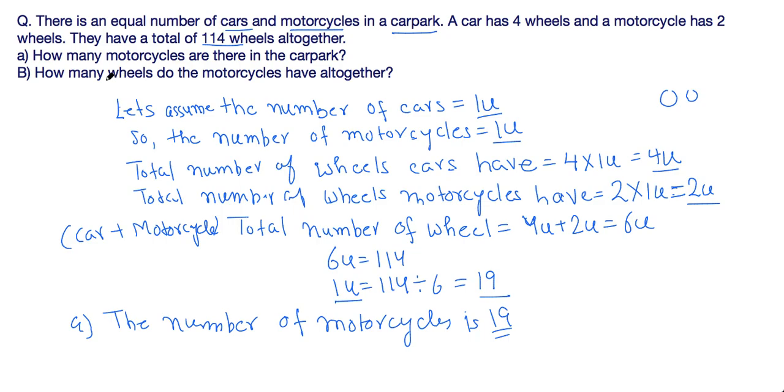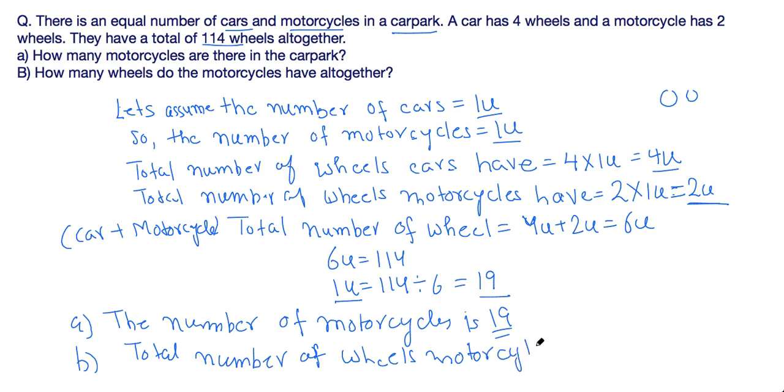And how about part B? How many wheels do the motorcycles have? Now you can get it from here. See, the total number of wheels motorcycles have is 2 units. So for that we just need to find how much is 2 units. The total number of wheels motorcycles have is 2 units.